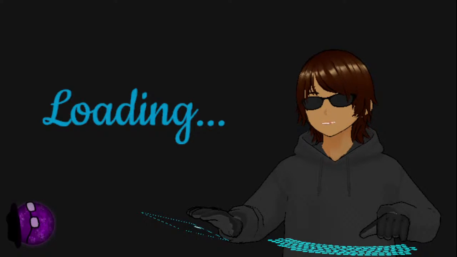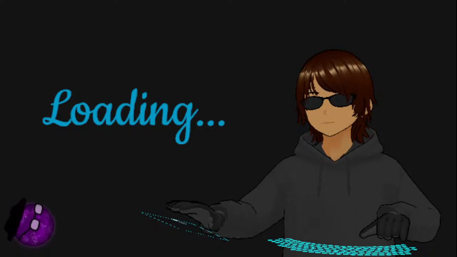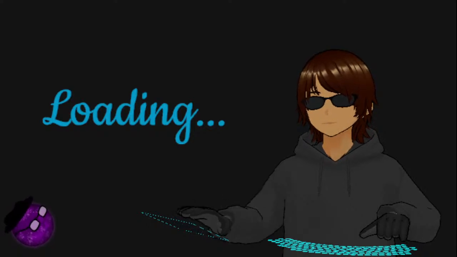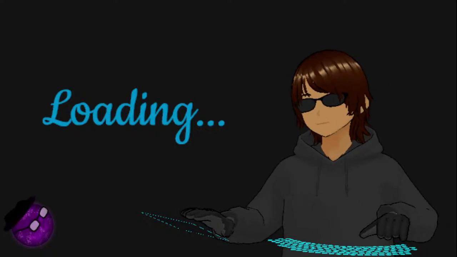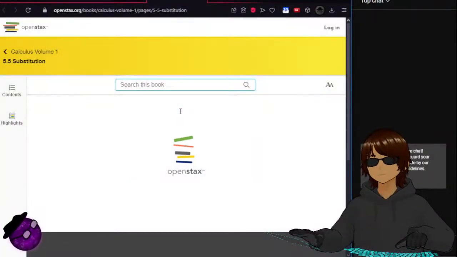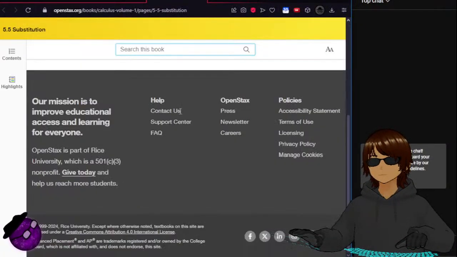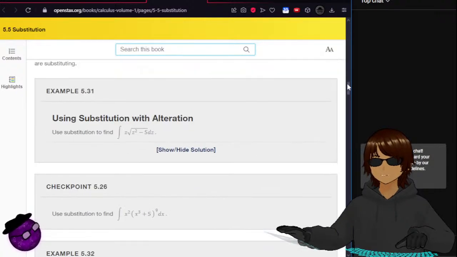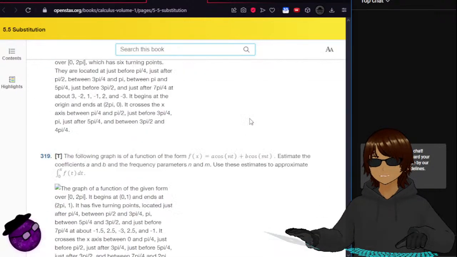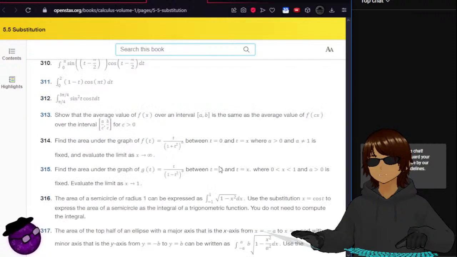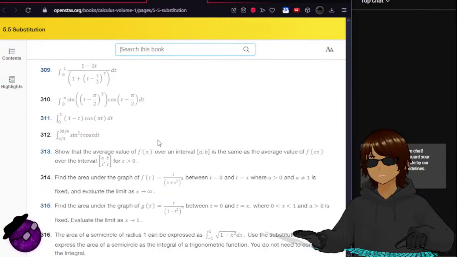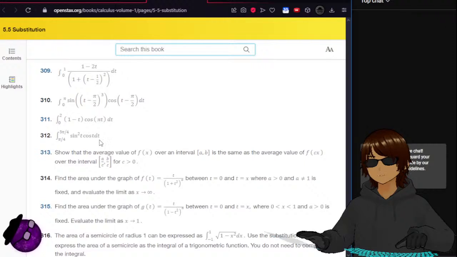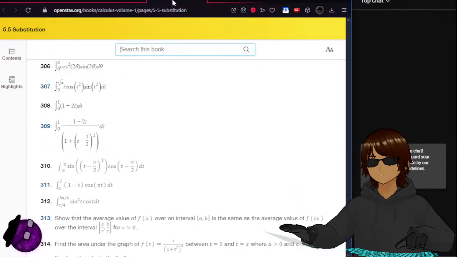I don't know why it wasn't loading before. Okay, so let's go down and do some of the questions. I want to do one about definite integral, one with the answer key.